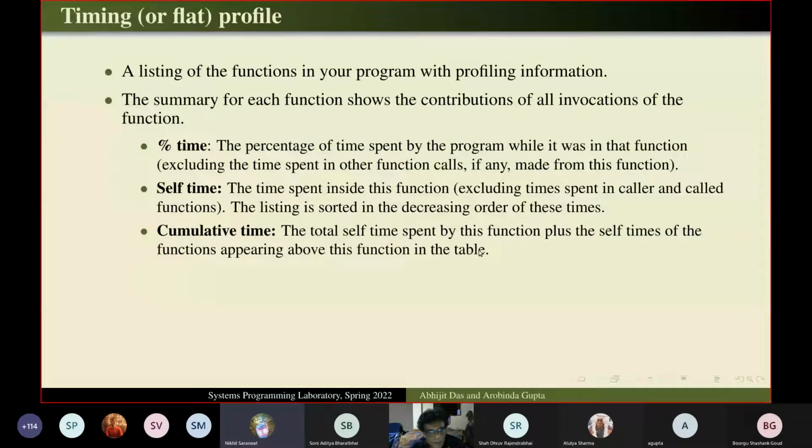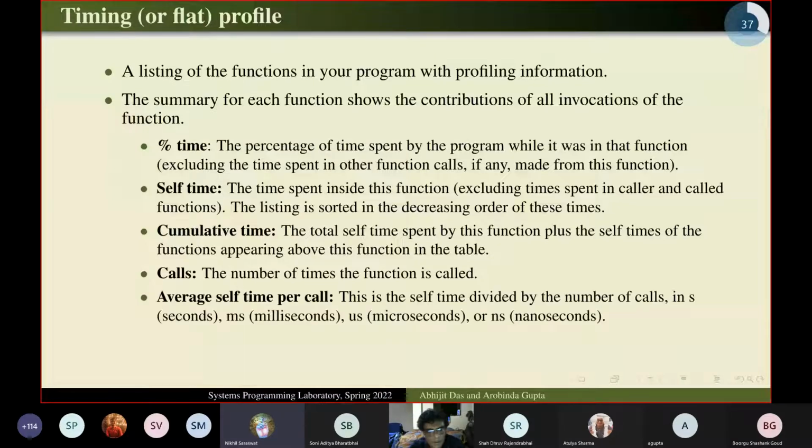Then the number of times this function is called and the average self time per call. So it is basically self time divided by number of calls.